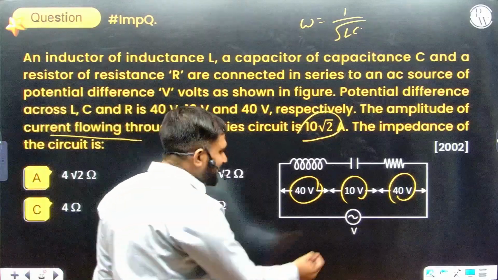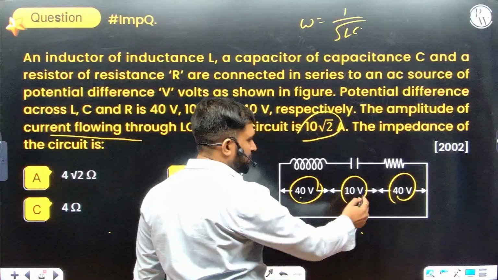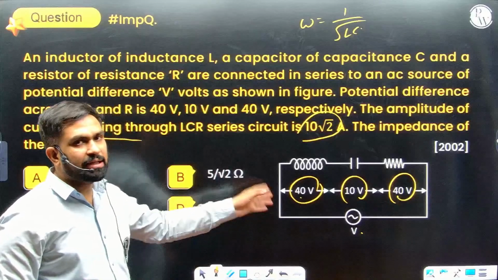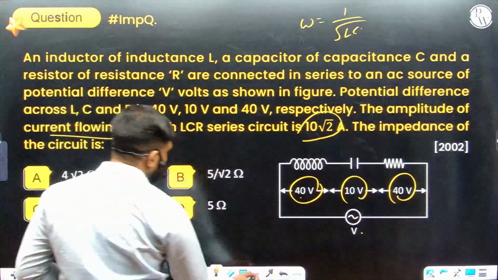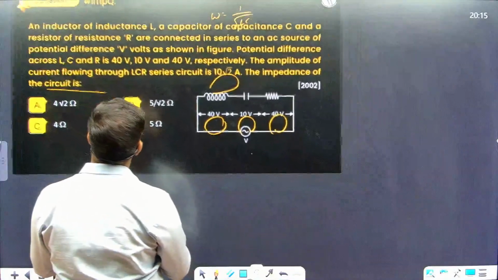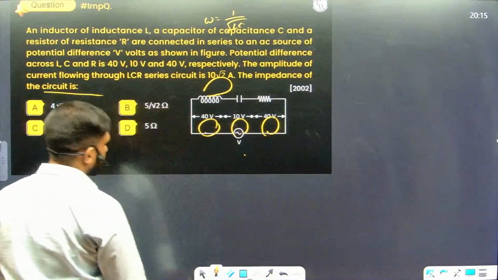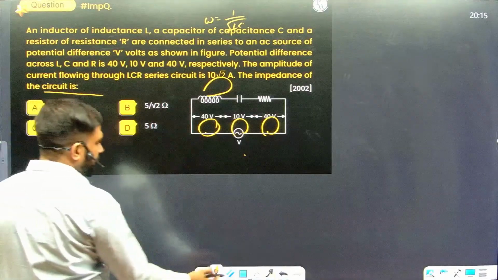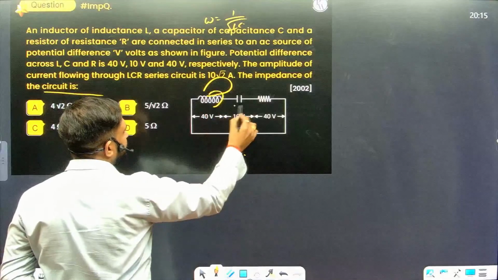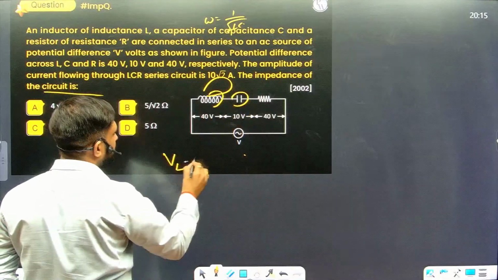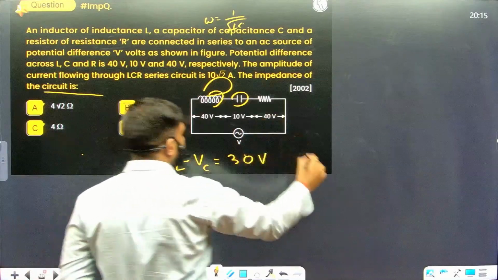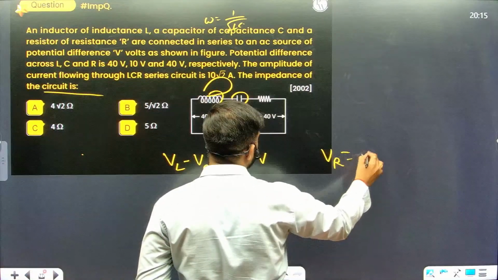Now see, I cannot write the net voltage as 40 plus 10 plus 40 because voltage is a phasor. It's a vector addition and it cannot be algebraic addition here. So if it's a vector addition, now see what we can do here. Just zoom it out. Remember that the inductor and capacitor voltages will be VL minus VC on one side, which is 30, and VR on the other side, which is 40.